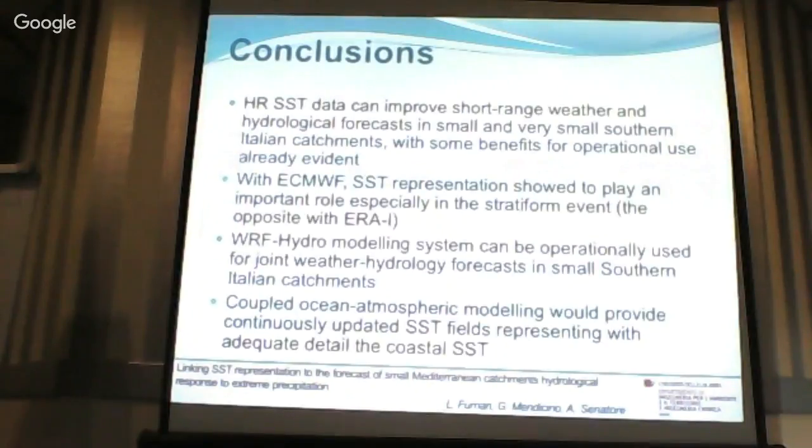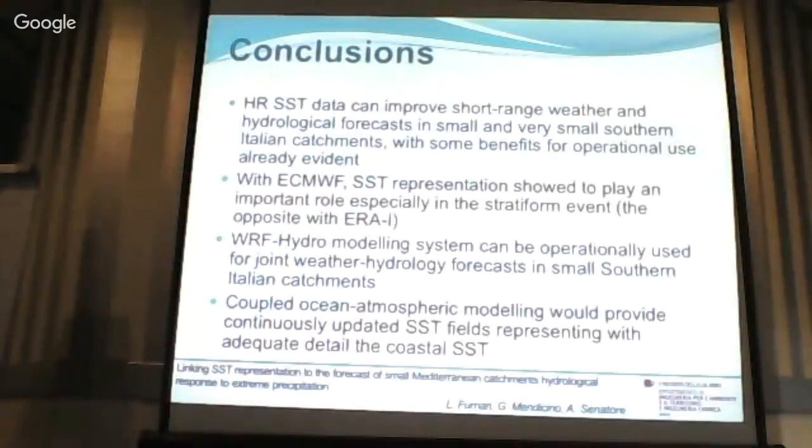Our conclusions: we see that high resolution SST can improve short-range weather and hydrological forecasts. Some benefits of operational use are already evident, even though we are going into details, maybe analyzing more situations.